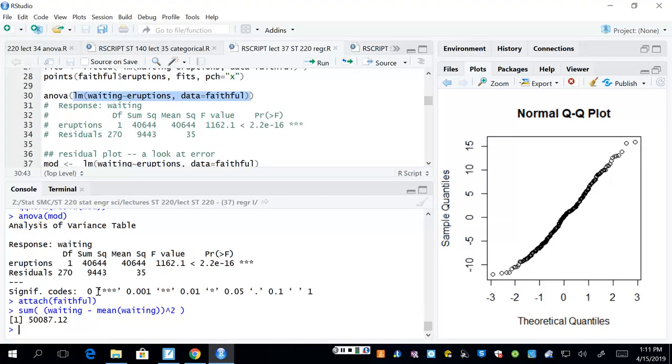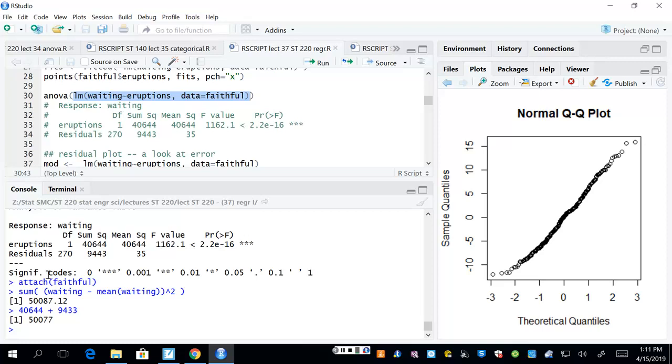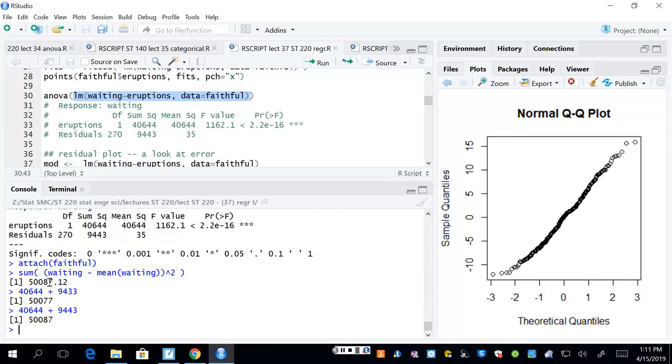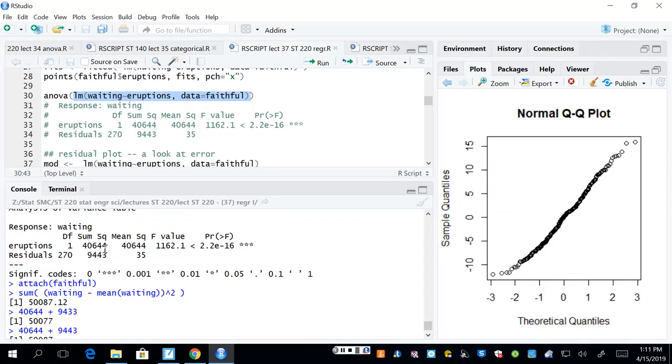That's the 50644 plus 9443, approximately. These two things are the total. The mean squares doesn't change for eruptions. The mean squares error does become quite small.